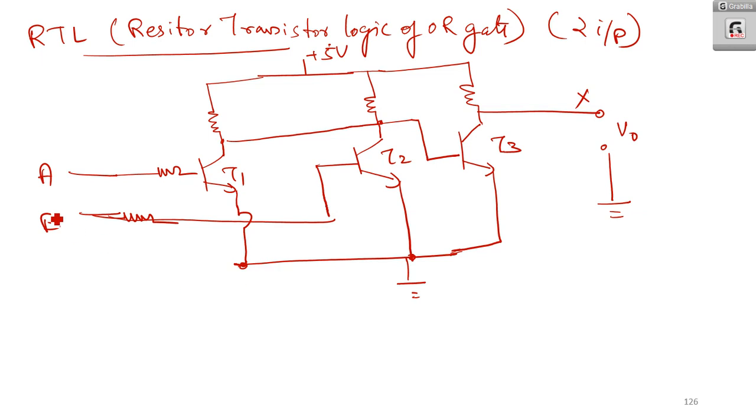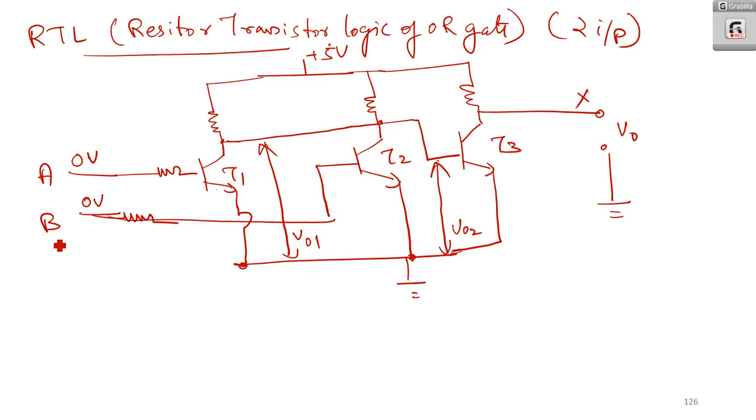So here what happens? When A is 0 volt and B is 0 volt, T1 and T2 are not on. V01 is the output of T1 and V02 is the output of T2.